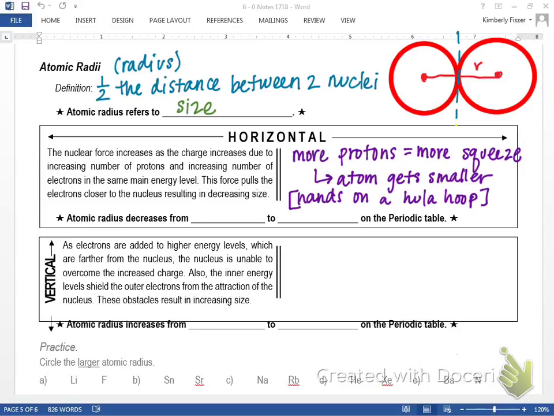So, if you look at your periodic table, which side has the biggest atoms? The ones on the left or the ones on the right? Who has more protons, the left side or the right side? The right side. So if the more protons make it smaller, who's going to be bigger?